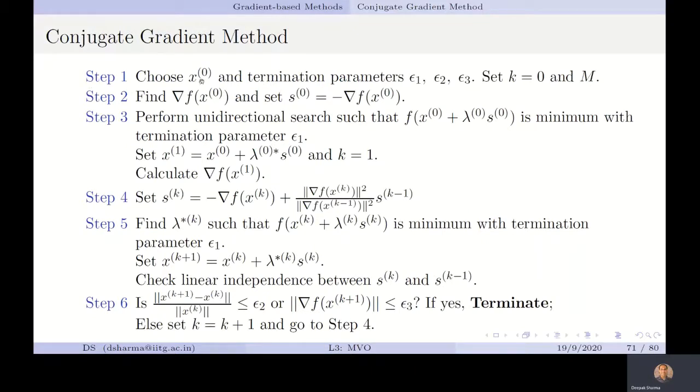So in step 1, we choose the initial guess and the termination conditions. There are going to be multiple termination conditions, and therefore we need epsilon 1, epsilon 2, and epsilon 3.